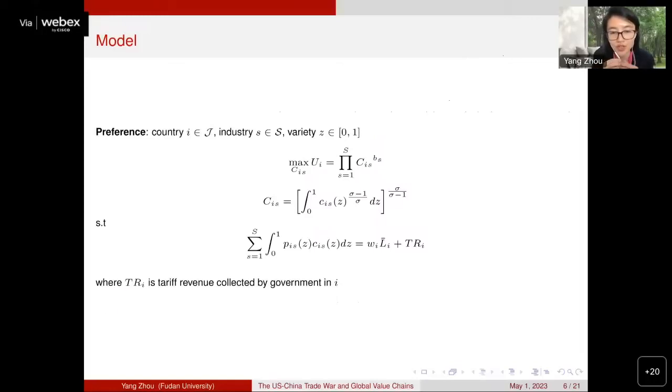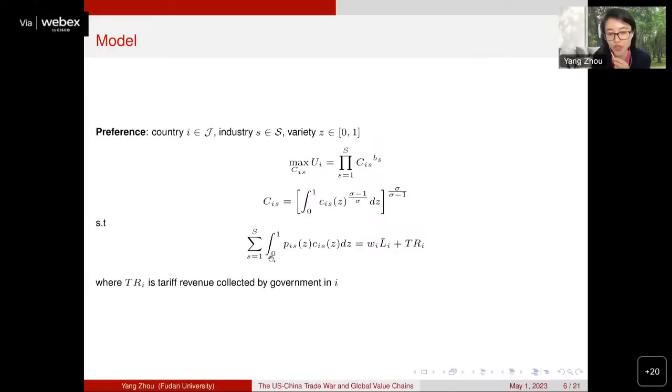This part is very similar to the part presented by Celestine. So the utility of each country is a Cobb-Douglas function of consumption from each industry, and beta S is the expenditure share on a particular industry. As for the big C S, it's going to be a CES aggregator of all the varieties within that industry.